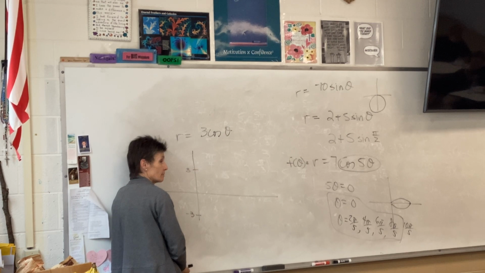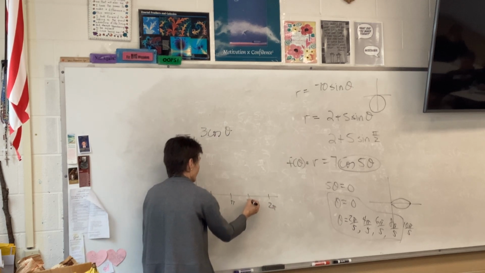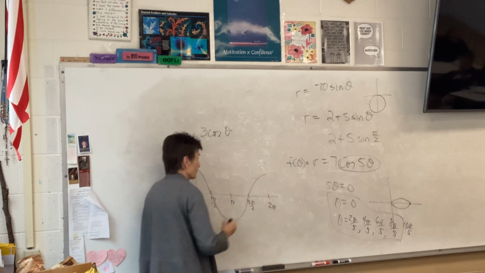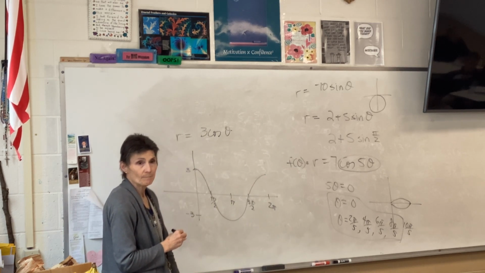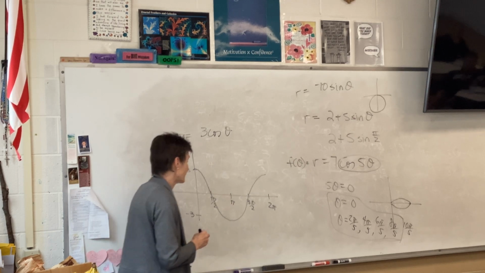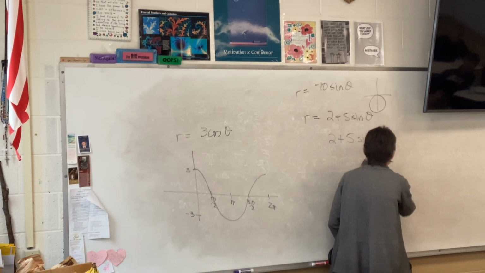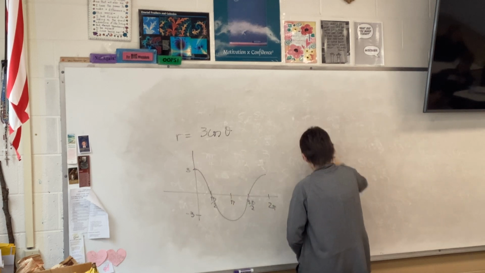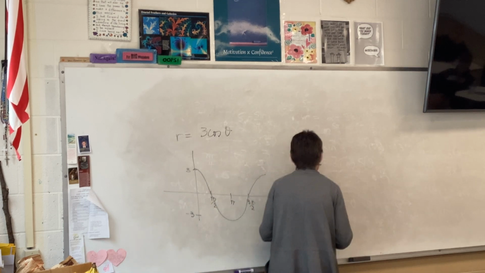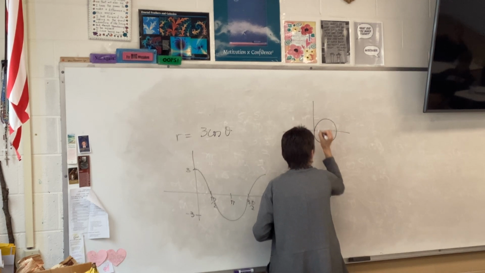It's a cosine with a period of 2 pi. Would it look like that? What does it look like polarly? What does that equation look like as a polar equation? Circle. It's a circle. Where? On the right. Like that?